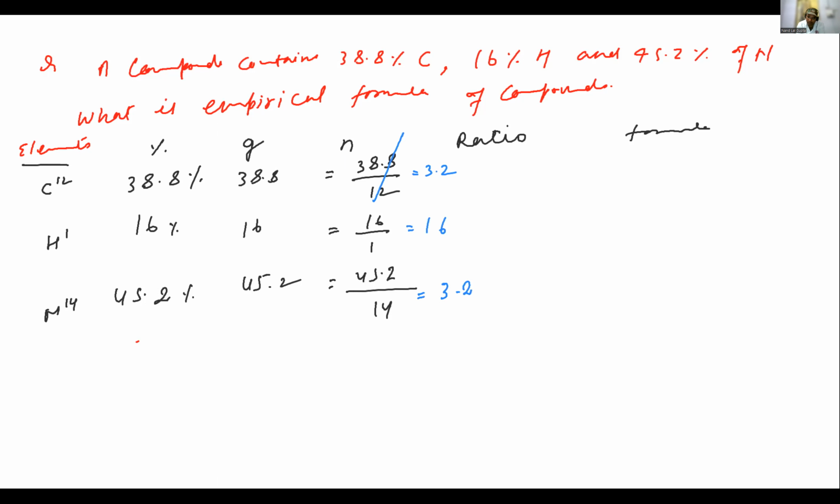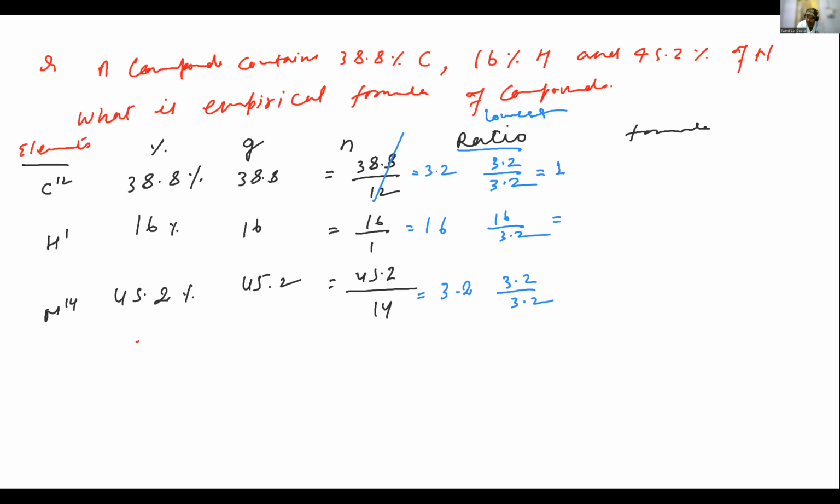We divide with the lowest number, because we need the lowest ratio, not the largest ratio. 3.2 is the smallest of all. So 3.2 by 3.2, 16 by 3.2, and 3.2 by 3.2. Can you understand this step?